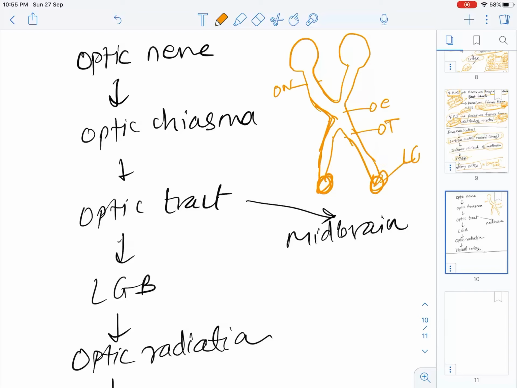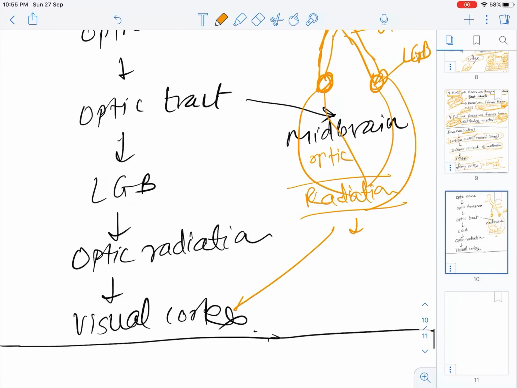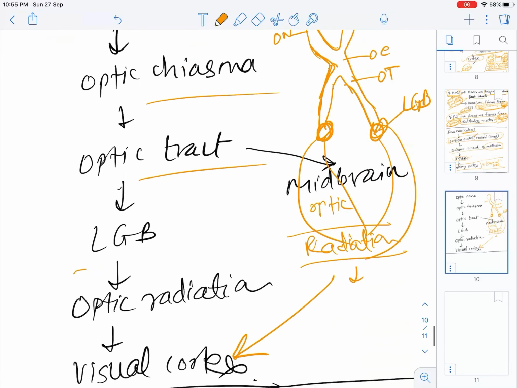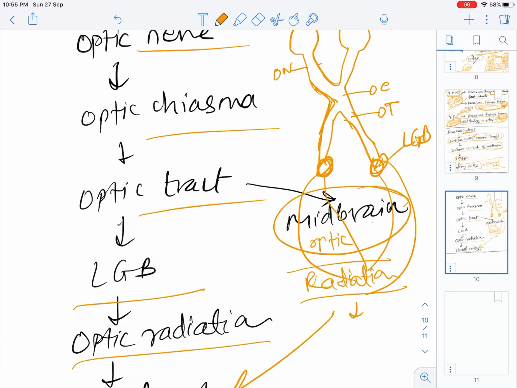From optic tract there will be lateral geniculate body, and then there will be optic radiations, not thalamic, and they will go to the visual cortex. Okay, ultimately to the visual cortex. So that was the pathway: nerve, chiasma, tract, lateral geniculate body, optic radiation, visual cortex.